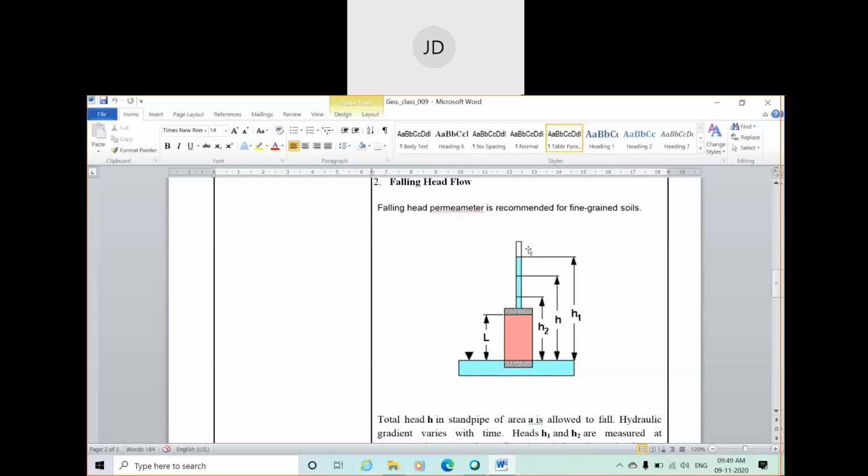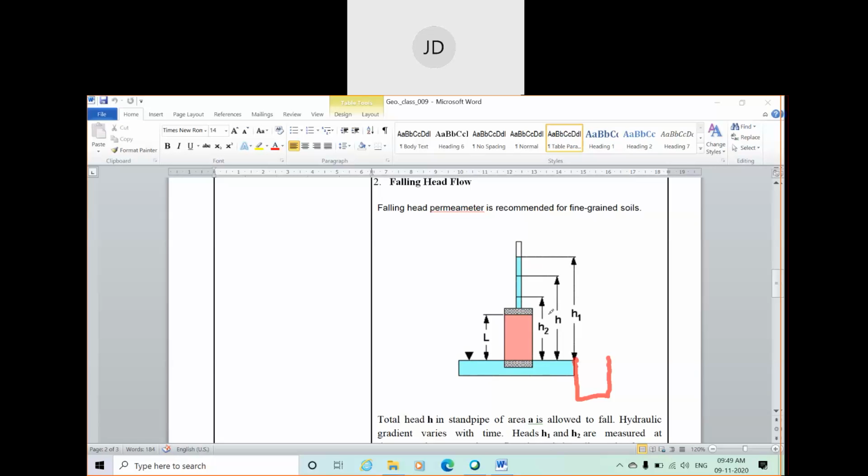Before starting the timer, you can see the initial head of the water level is this much, and the initial water level in the bottom tank is this much. Here also one measuring tank will be there, which is not shown here. Suppose in this direction one measuring tank will be there.